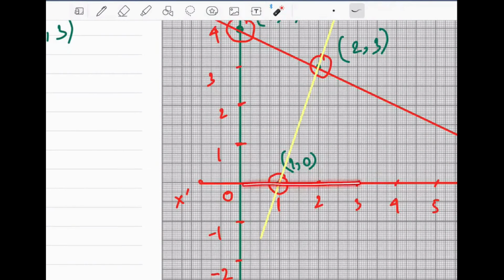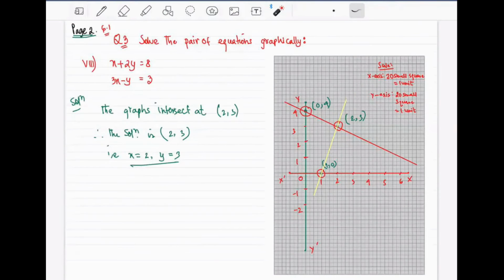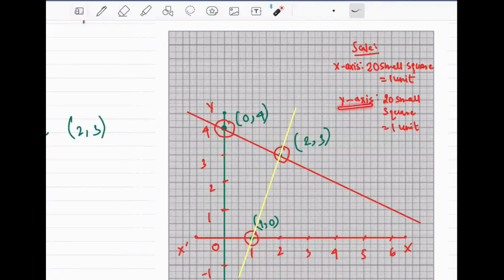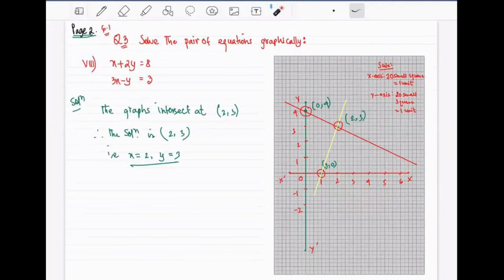If the x-axis remains the same, you can change the y-axis. On the y-axis, you can start here, 1, 2, 3. You can change the value. If x doesn't change and y changes, then you have to change the value in the scale. Instead of 20 small squares, you have to write 10 small squares. Scale is very important. You have to write the scale absolutely without fail when you draw the graph.